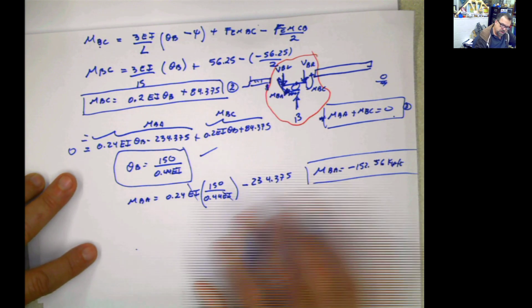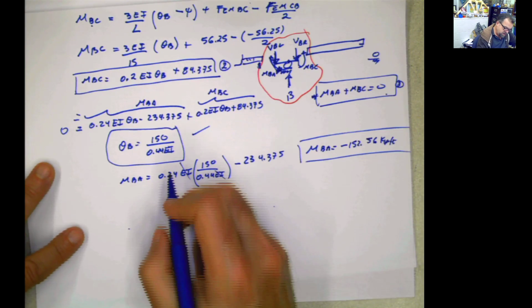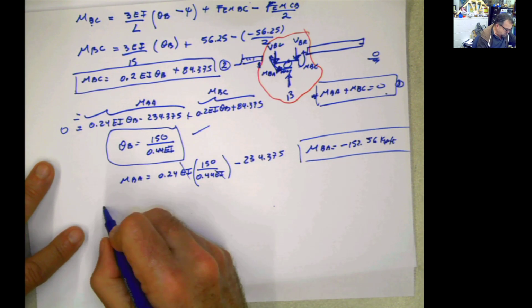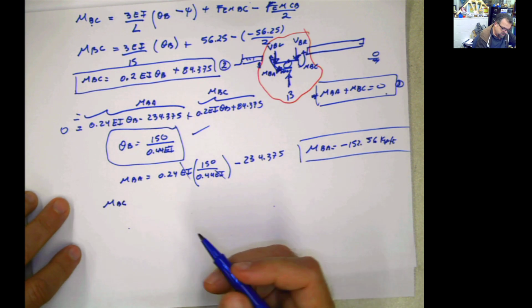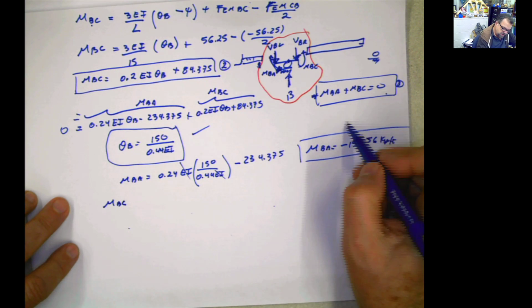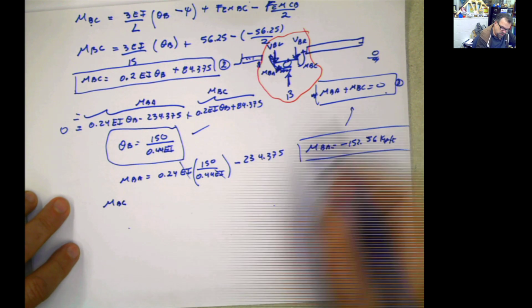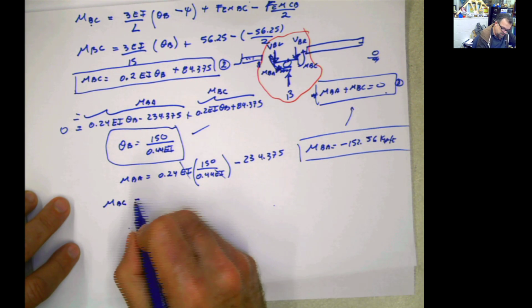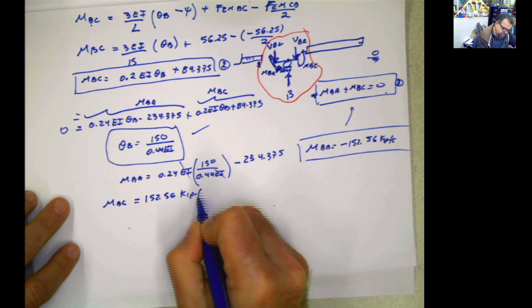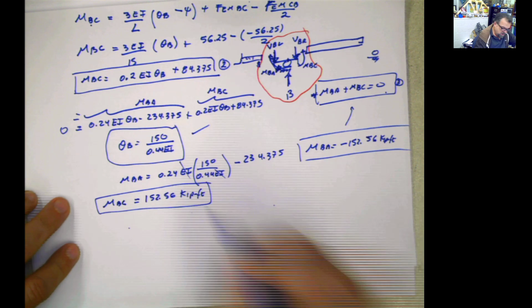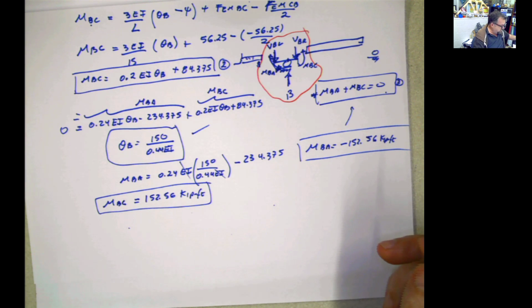And then we can do the same thing for moment BC. I know the moment BC is going to be, by this equation, just the opposite of this moment. So the moment BC is going to be 152.56 kip-feet. Now we know the moments. How do we proceed and calculate the rest?